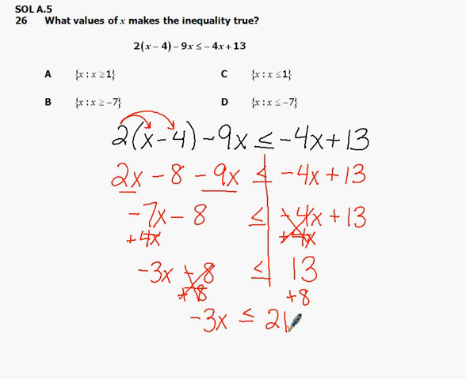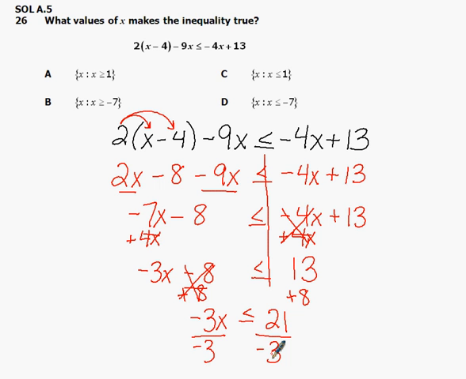And then my very final step is going to be getting rid of that multiplication by negative 3, and we get rid of multiplication by division, so we're going to be dividing by a negative 3. And the one and only thing that's different about inequalities is that whenever you multiply or divide by a negative, you have to flip your sign.